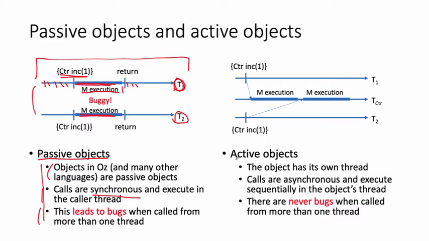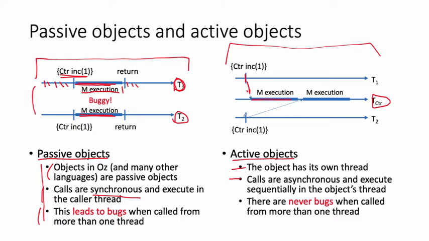Active objects are different. An active object, which is on the right here, has its own thread internally, a counter thread. It has a specific thread dedicated to the object. The calls now are asynchronous. If I do an inc1 call, it will send a message to the object, and the thread CTR will execute it.